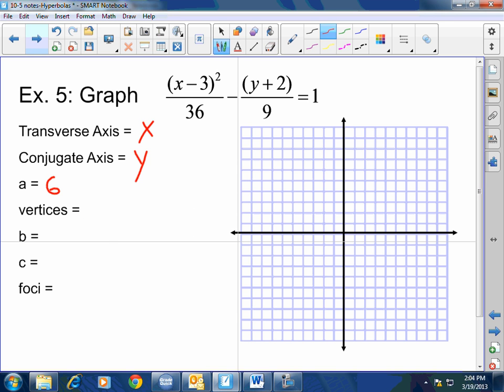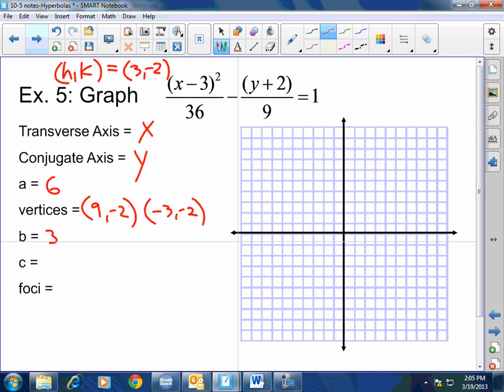There is an H and a K. H comma K. Thank you, my brothers. So vertices H plus HK is, first of all, 3, negative 2. So 3 plus 6. So we got 9, negative 2. And then 3 minus 6, negative 3, negative 2. Very good. The B is 3. Don't worry about that.